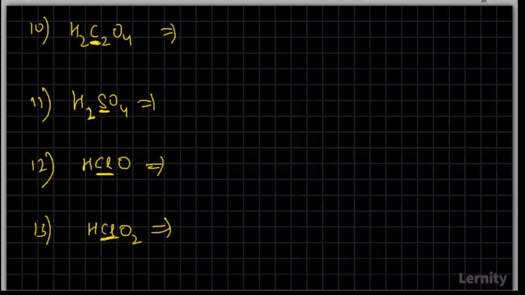Can you try to name this? First of all, it's not an ion, so don't end it with -ide. Yeah, that is also correct. Yeah, oxalic acid. It is also known as ethane dioic acid.